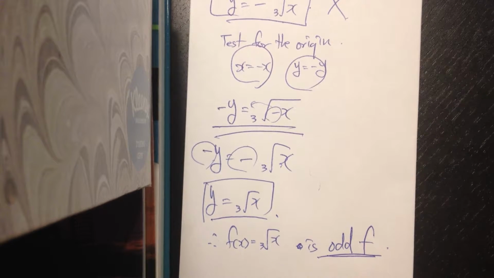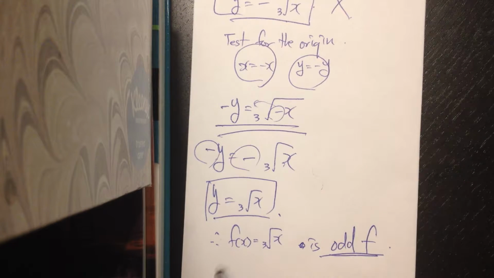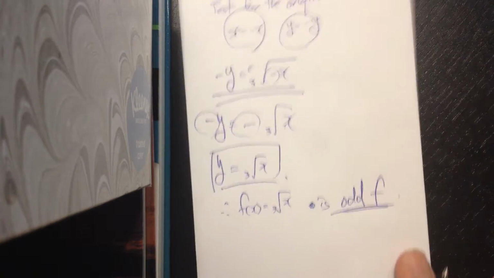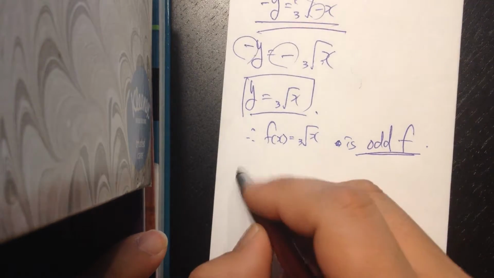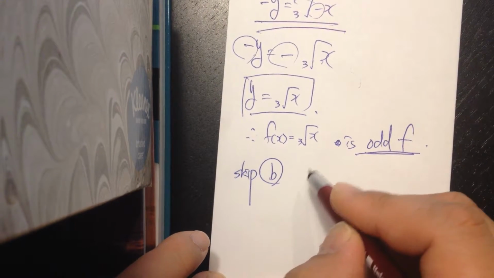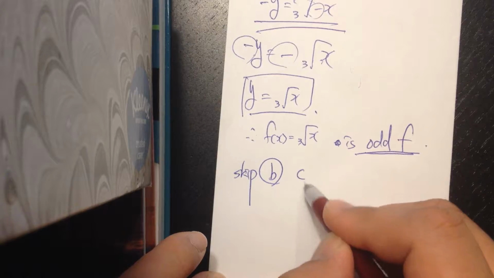Let's do number, I'll skip B because that's too easy. So I'm going to skip B and C. I want to do D because D looks very scary.